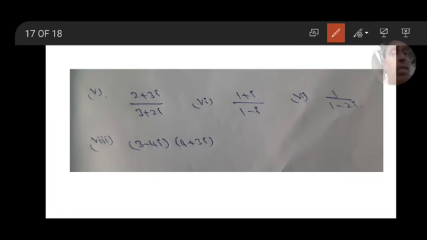We have to find the numerator modulus by denominator modulus. Next, 1 plus i by 1 minus i. Next, 1 by 1 minus 2i. Next, 3 minus 4i by 4 plus 3i. You can multiply these two numbers, simplify, and then find the modulus, or separately find modulus of z1 into modulus of z2. Either way you can find it.